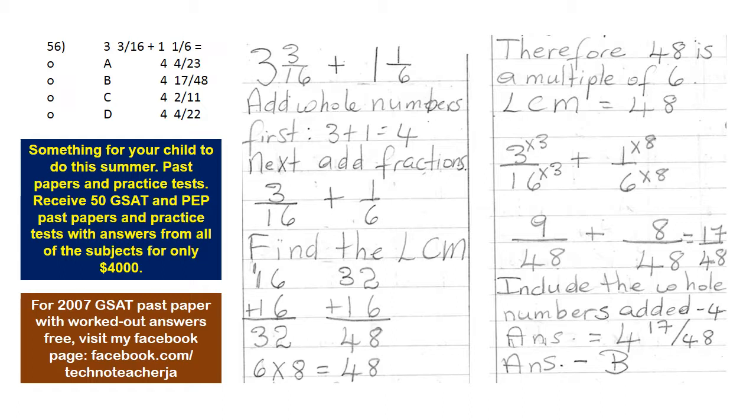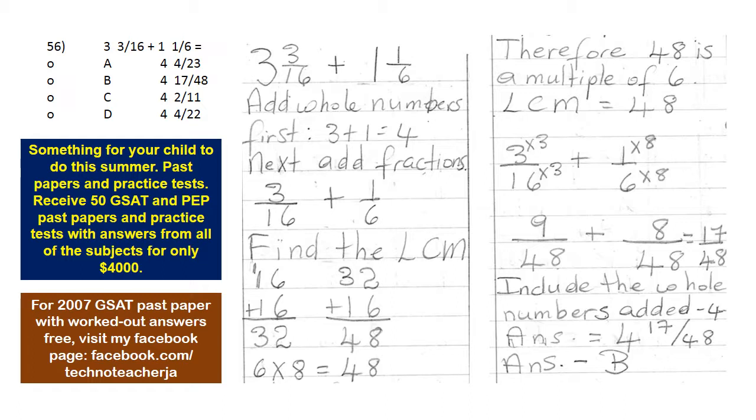Then 32 plus 16 is equal to 48. 6 goes into 48 8 times without leaving a remainder. So 48 is the LCM.